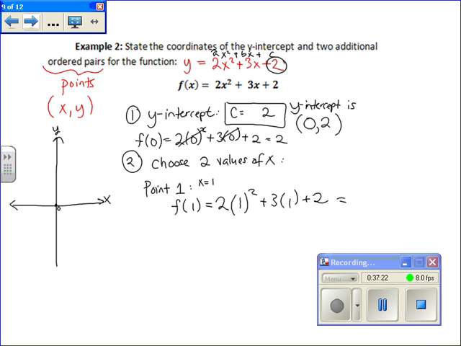Well, 2 times 1 squared is 2. 3 times 1 is 3. 2 plus 3 is 5, and 5 plus 2 is 7. So in other words, y is equal to 7 when x is equal to 1. So 1 point that I have is the point 1 for x, 7 for y. Okay, let's do another point.